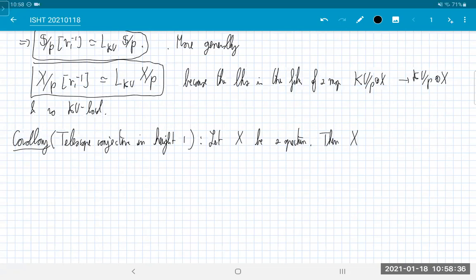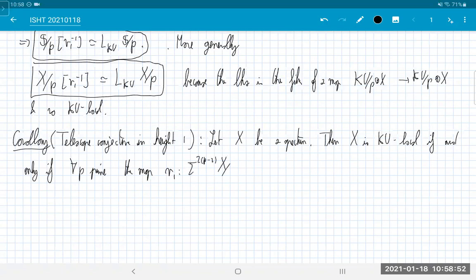Then X is KU local if and only if for every prime p the map v1 from Σ^(2p-2) X mod p to X mod p, or v1^4 from Σ^8 X mod 2 to X mod 2 for the p equals 2 case, is an equivalence. So that's a very interesting statement.